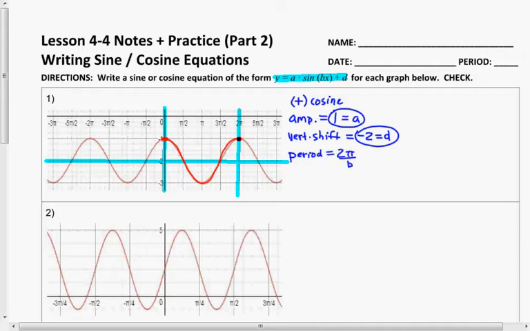The period should be equal to 2 pi over B. What is the period of this cosine curve? 2 pi, right? We mapped it out, and we said the exact width of that was from 0 to 2 pi, from here to here. So its period is 2 pi. So set 2 pi equal to 2 pi over B. And what is B?